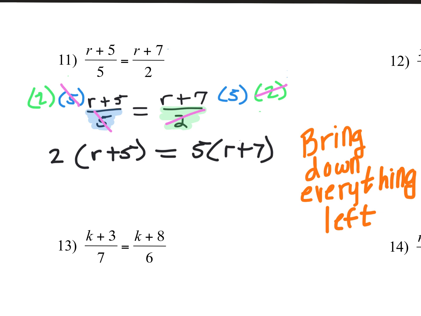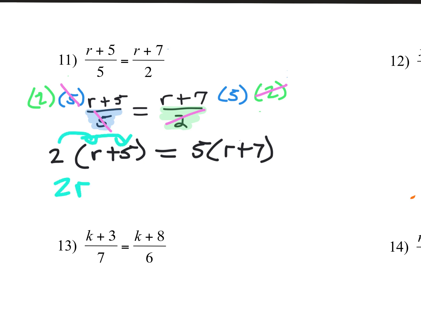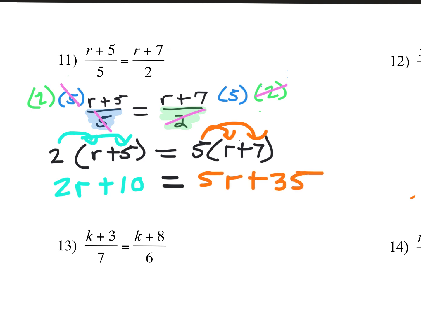So now I'm going to distribute. I'm not even going to write down these next steps because this is something we've been doing for a minute. So this will be 2r plus 10, and that's going to be equal to 5r plus 35. Now we've got just a variable on both sides of the equal sign. We've been doing these for a hot minute.